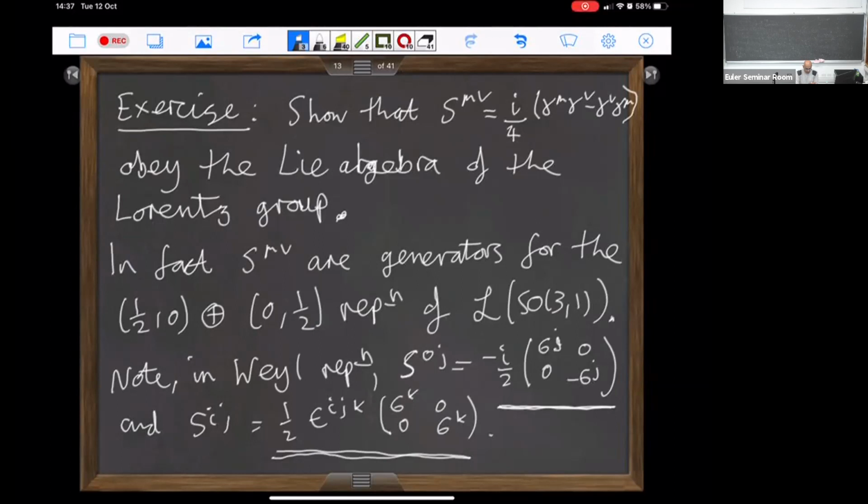So they're explicitly written in a basis which is compatible with the fact that the Dirac representation is reducible to left spin a half and right spin a half.